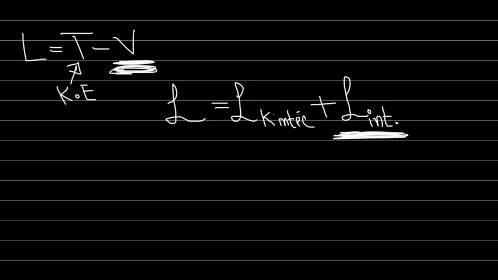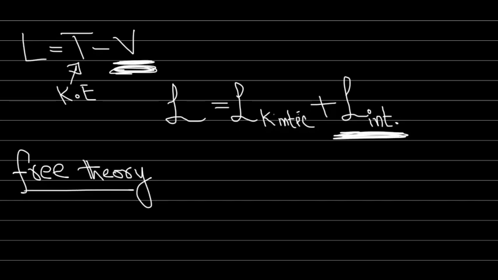Okay, now that's out of the way. Now suppose we have no interactions. If we have no interactions, in that case, we have what is called a free theory. A free theory. Okay, in a free theory, we have no interactions.